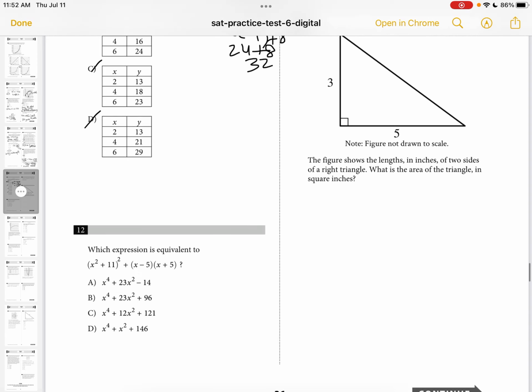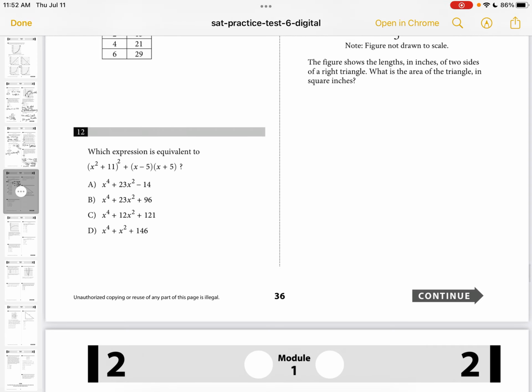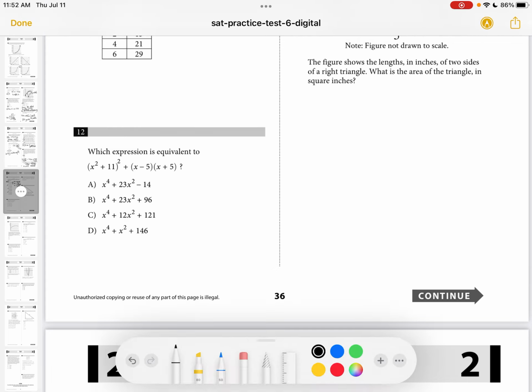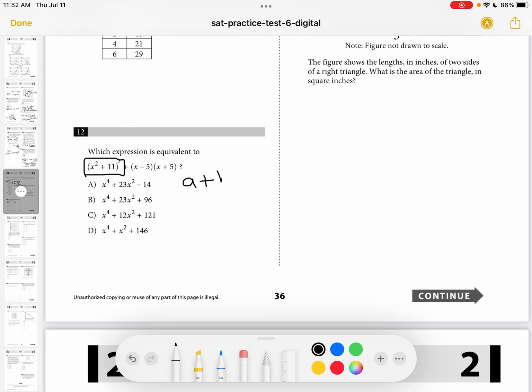Alright, number 12. Which expression is equivalent to the following? Let's expand this bit by bit. I'm going to expand this piece first. If we have a quantity a plus b and we're squaring it, it'll be equal to a squared plus b squared plus 2ab.